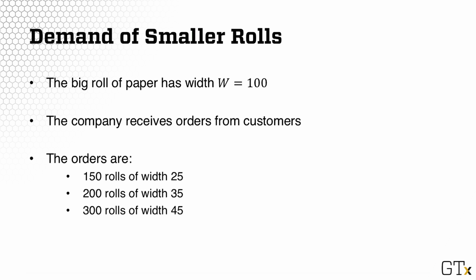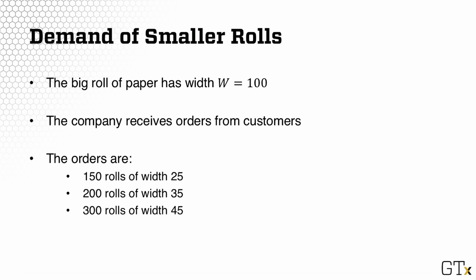The orders come in something like this. Customer 1 wants 150 rolls of width 25, a quarter of the big roll width. Customer 2 wants 200 rolls of width 35. And customer 3 wants 300 rolls of width 45. So each customer wants a certain width and a certain number of rolls.